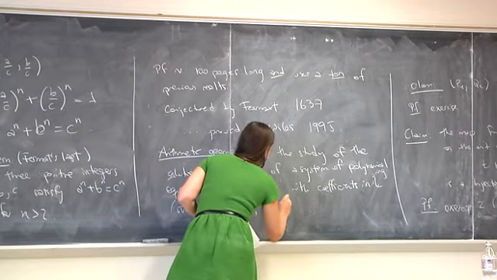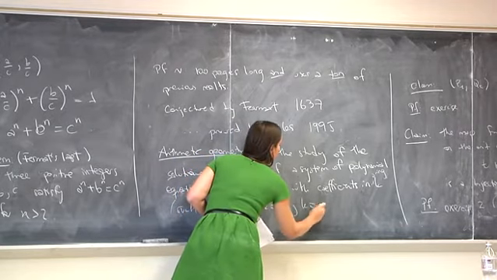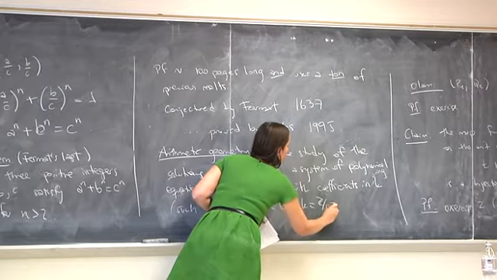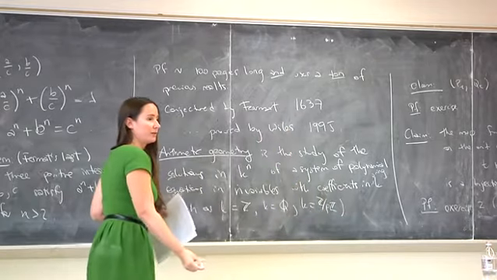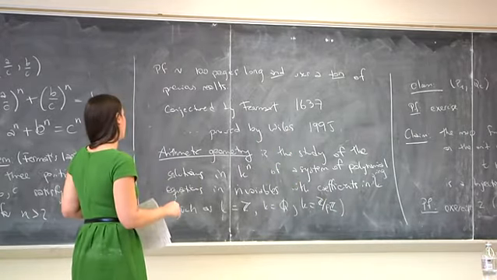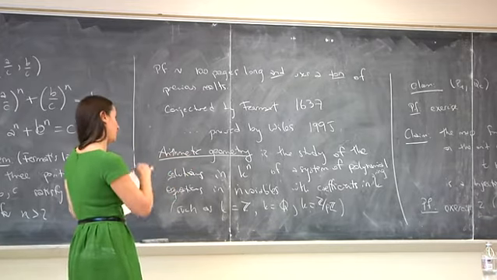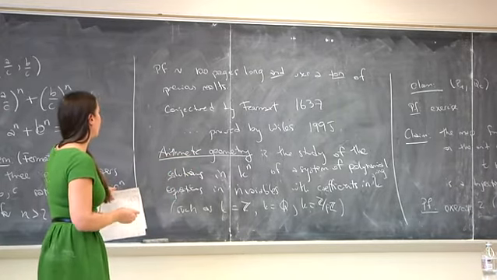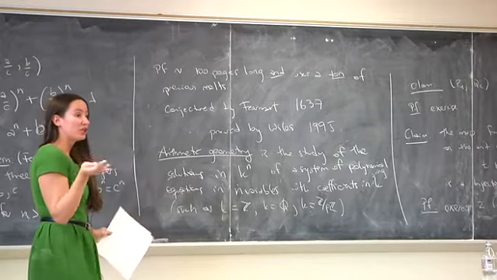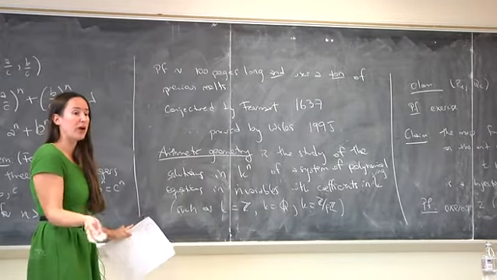K equals Z, or K equals Q, or K equals Z mod pZ, where p is a prime. Okay? Well, that wouldn't have to be a prime, but we usually like primes. And so that's it. That's a definition of arithmetic geometry.